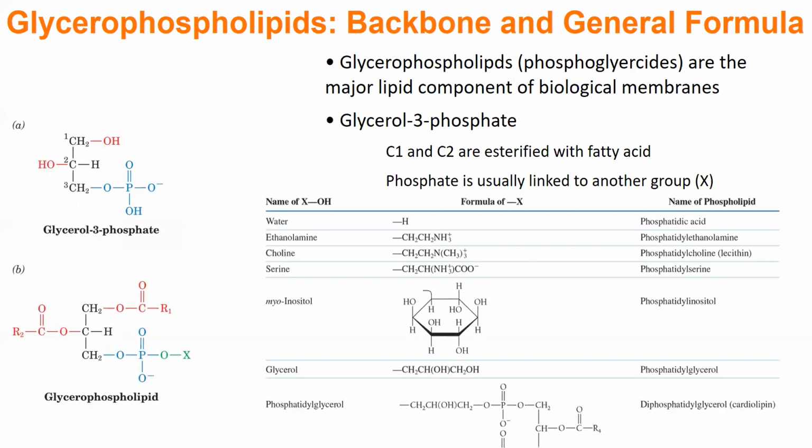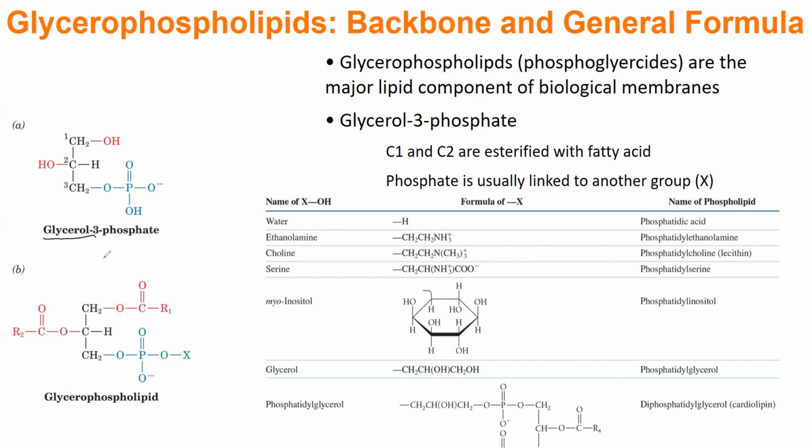So let's look at some of the different head groups that can make up the plasma membrane. We're going to look at our glycerol phospholipids to begin with. First, let's break down the name, right?